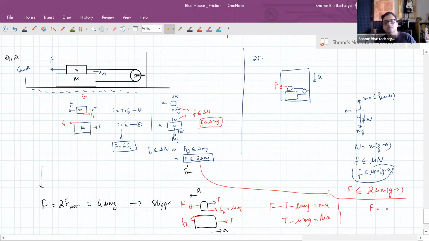Substitute the value of F as 4 times mu mg and solve for A. What is difficult in this? It's the limiting condition which is the difficult thing. Once you get the limiting condition, the kinetic condition is very easy because it's just solving F is equal to ma. Okay, so hope this is clear.